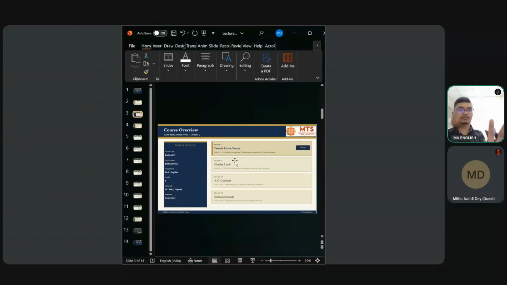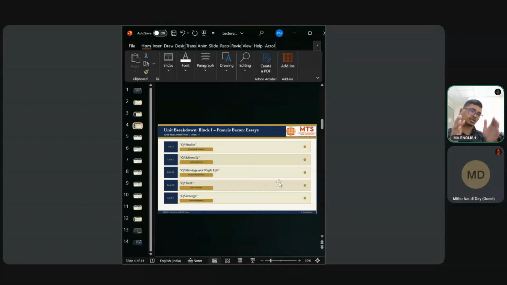So today we shall only focus on Francis Bacon. Now this is the unit breakdown of block 1, Francis Bacon. Unit 1 deals with Of Studies, unit 2 deals with Of Adversity, unit 3 deals with Of Marriage and Single Life, unit 4 deals with Of Truth, and unit 5 deals with Of Revenge.